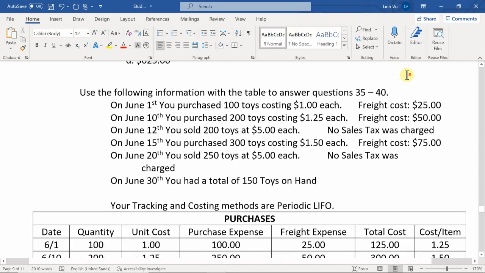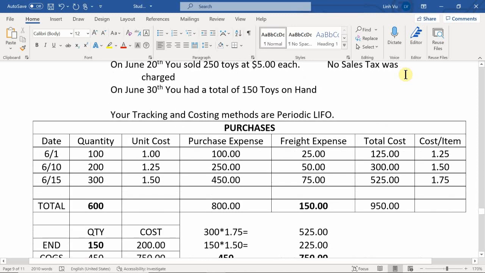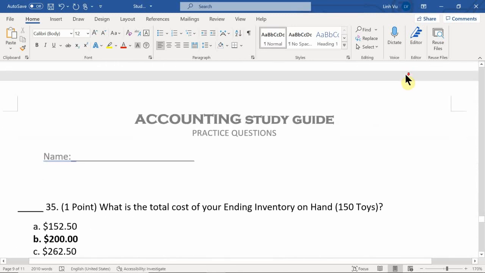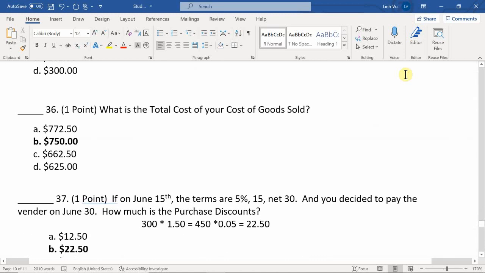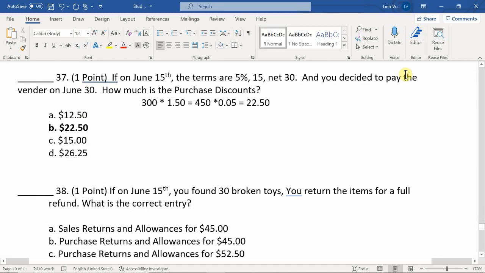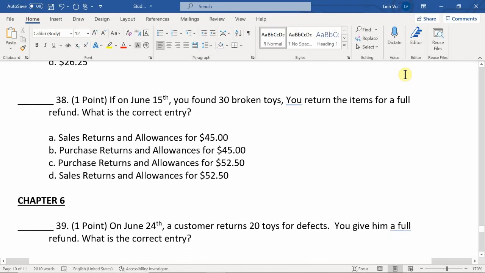Okay, my bad, I didn't read. So we're using this for questions 35 through 40. So in this case, question 38: if on June 15 you found 30 broken toys, and you return the items for a full refund, what is the correct entry?